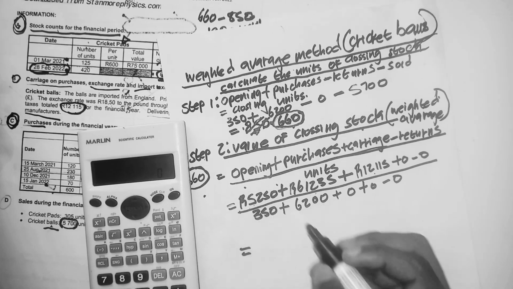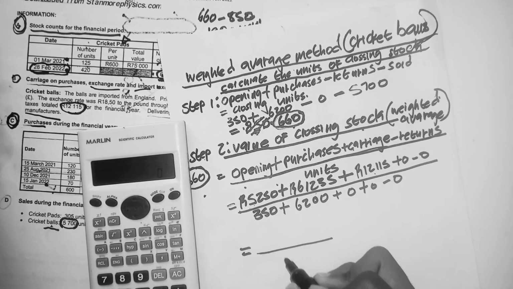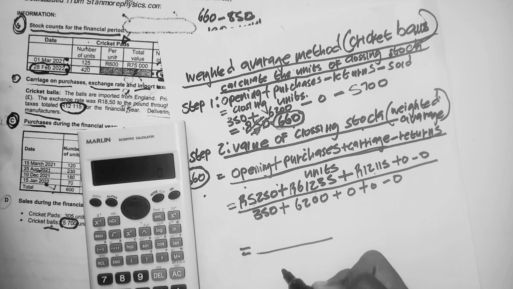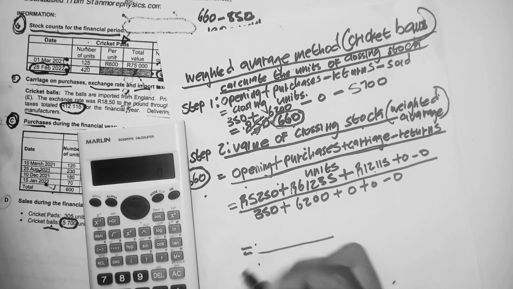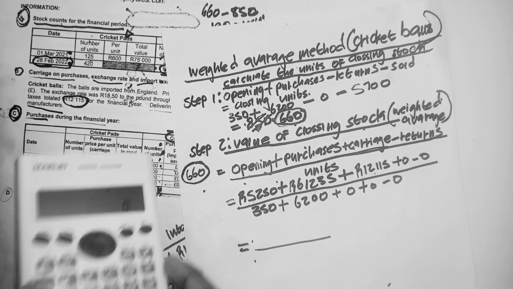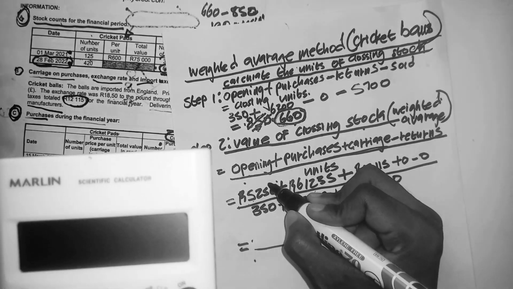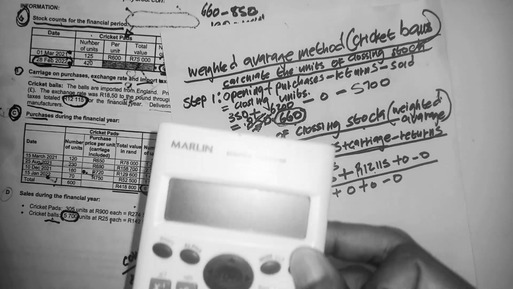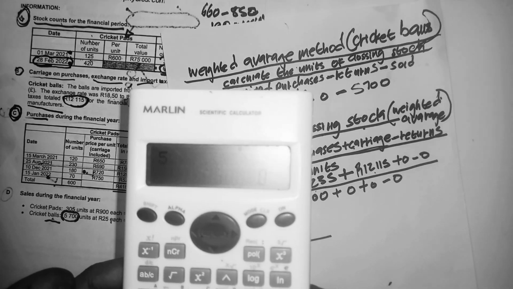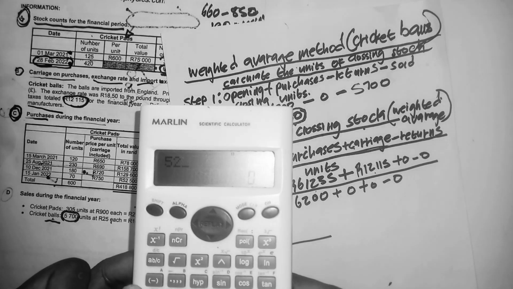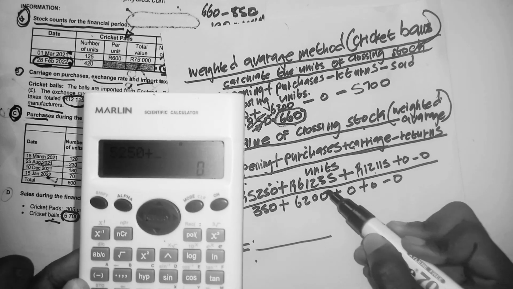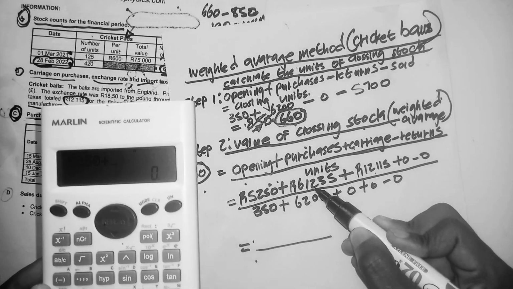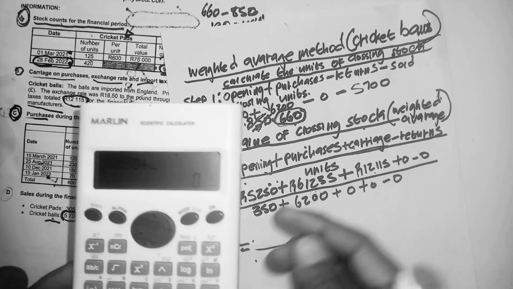For the amounts at the top, you write the total rand value, divided by the units. So let's get the totals. The first amount is 5,250 for opening. So you punch it, 5,250 plus purchases, which is 61,235.